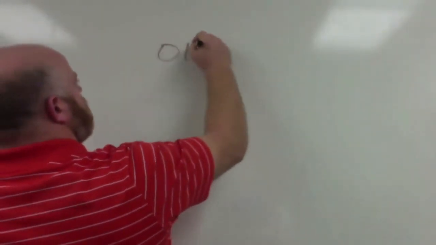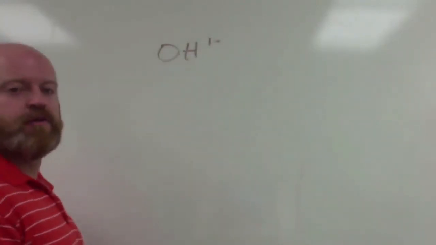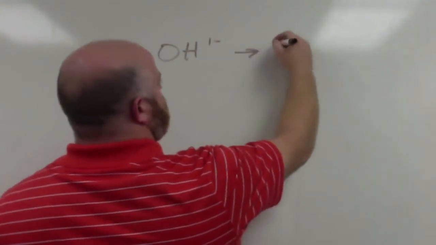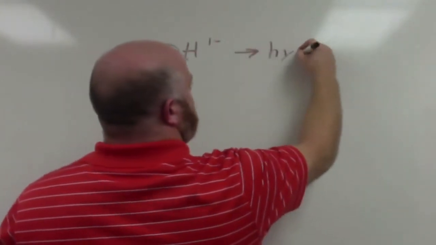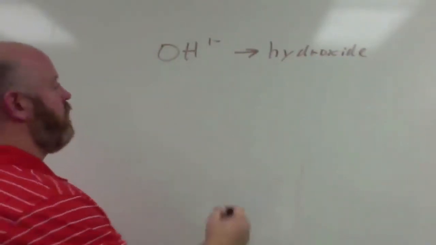Hydroxide is a polyatomic ion, OH. It's different than the ones we're going to see normally, and we don't end it with an ATE ending. We call that hydroxide, so it's one you're going to have to memorize.